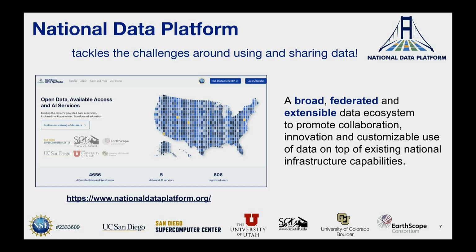So we made the National Data Platform. It's been around for 3 years now. We're trying to tackle the challenges of using and sharing data and being able to efficiently compute with them with the help of NRP.